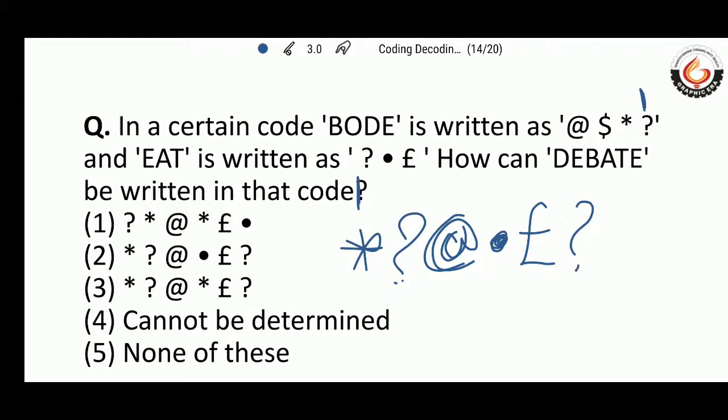Do we have the same option? Option B is correct.